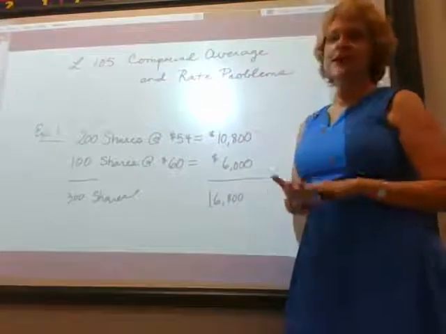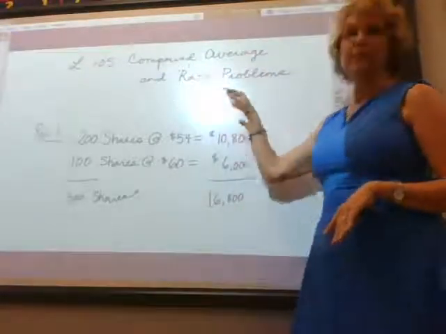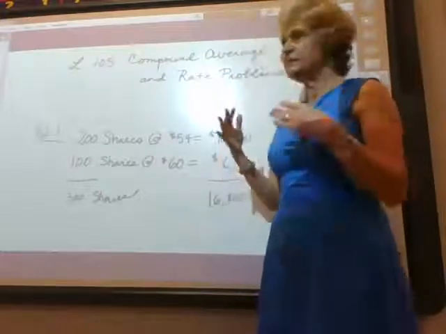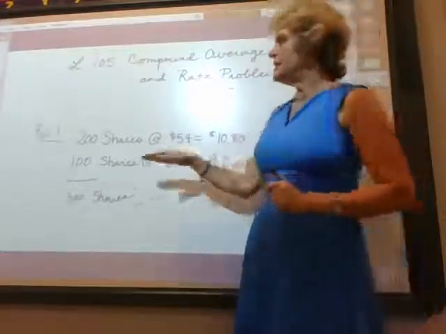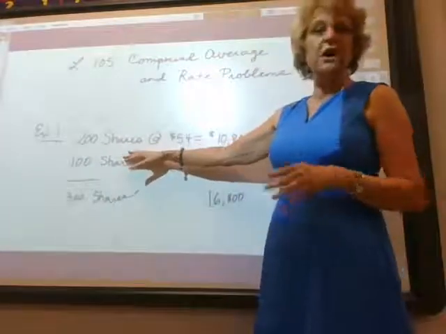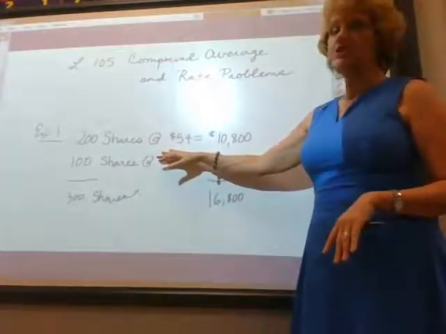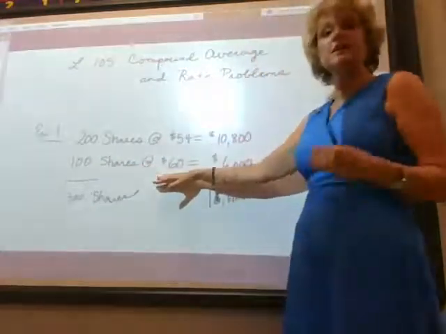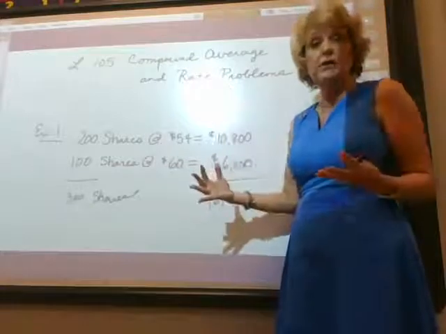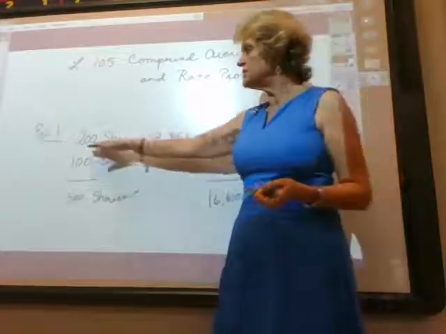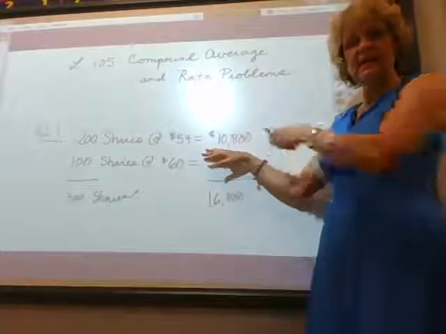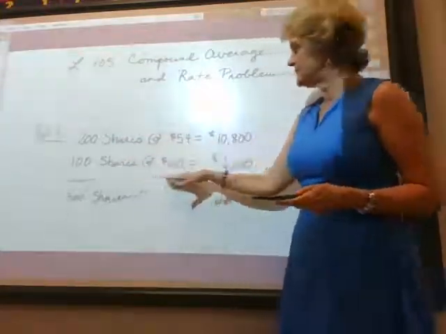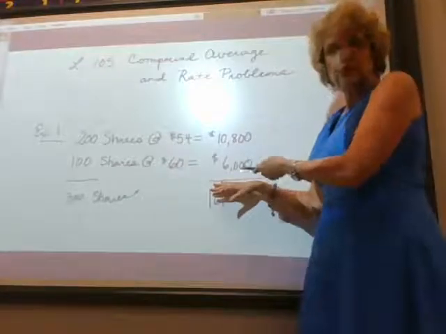But today we will talk about compound average and rate problems. So what we do on this is, like this first example, this guy's buying 200 shares of stock at $54 each, and then he's buying 100 shares of a different kind at $60, and he wants to know his average overall. So you multiply the 200 by 54 and get what he paid for the first stock, and then 100 times 60 and get what he paid for the second group.